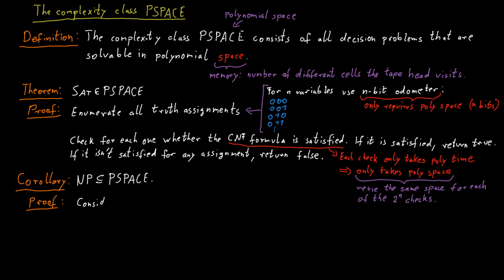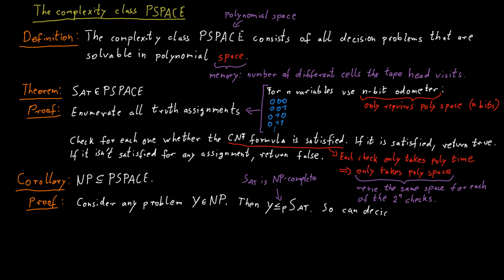The formal reasoning here is that if you consider an arbitrary problem y in NP, then y polynomial-time reduces to satisfiability, because satisfiability is NP-complete.